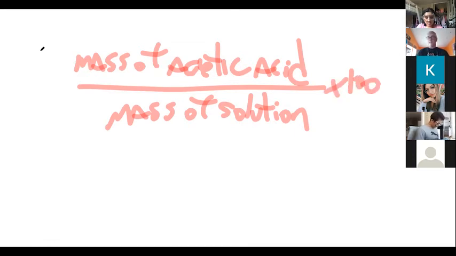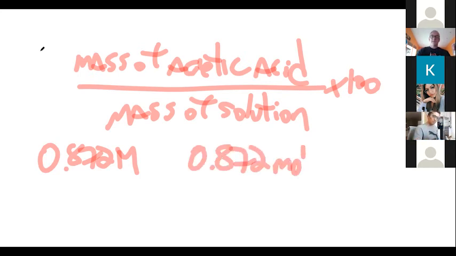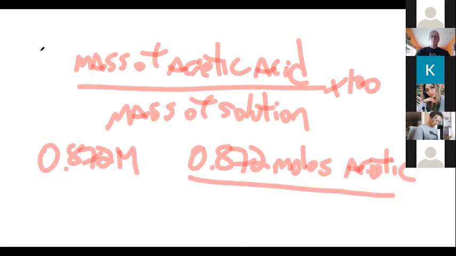So if we have 0.872 molar, what that gives us is 0.872 moles of acetic acid over 1 liter of solution. So we convert both of those to masses. What's the mass of 0.872 moles of acetic acid?